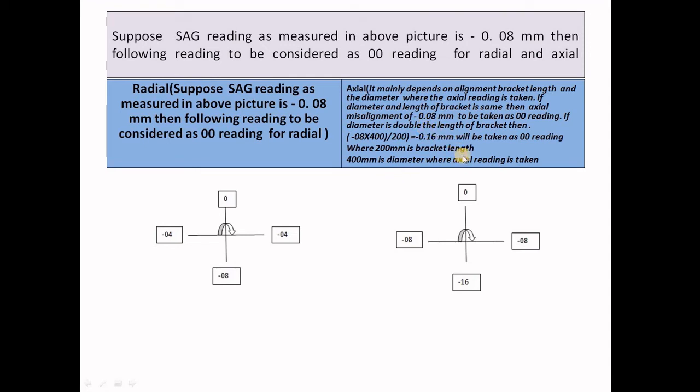If your coupling dia is double the DBAC, then minus 0.8 into 2, that is 0.16, will be considered as 0.0 reading for the angular misalignment reading.